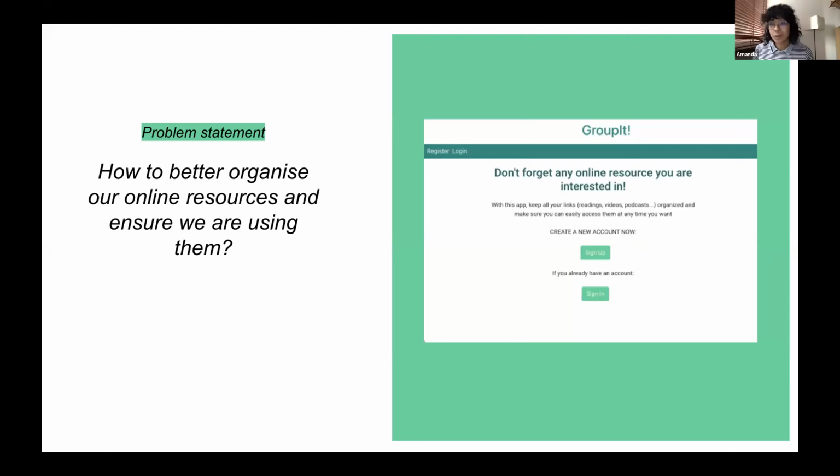Hello, my name is Amanda, and I'm part of the group called Group It, for a very long time called Group B. The four of us have created this web app, which is meant to help you organize your online resources.